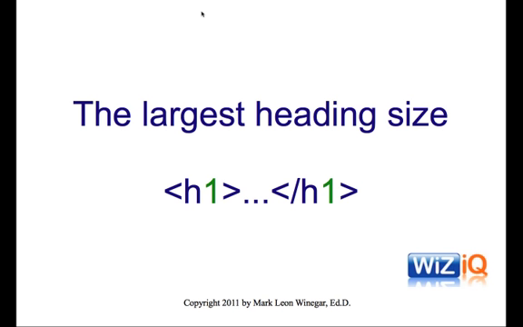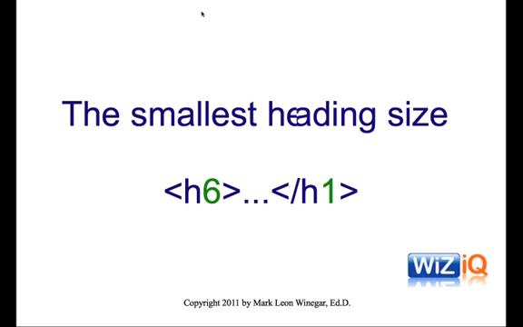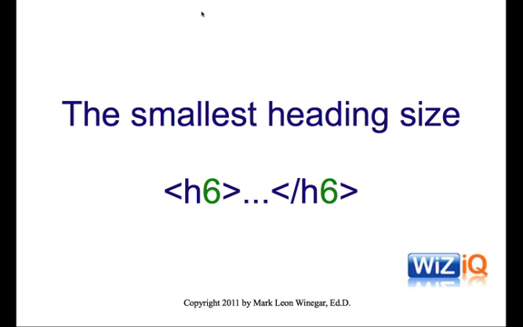In fact, H6 is actually smaller than normal text. Now, these heading tags are also toggle tags, so we turn them on and we turn them off. And here we see the smallest heading size, H6.